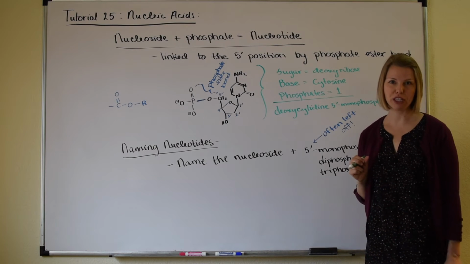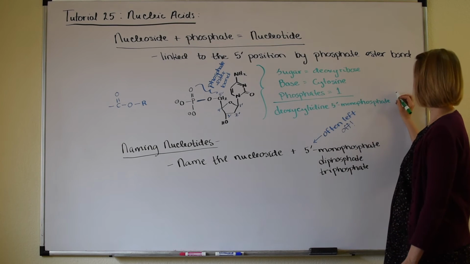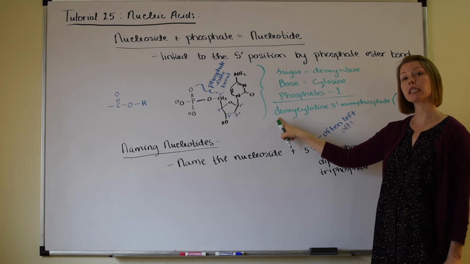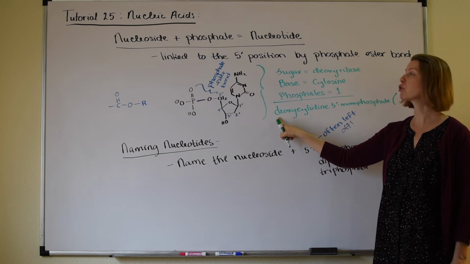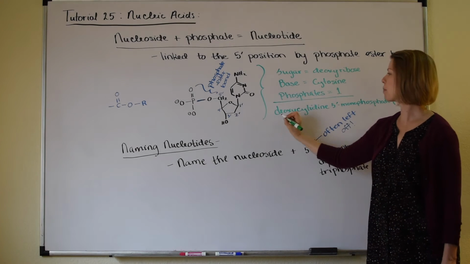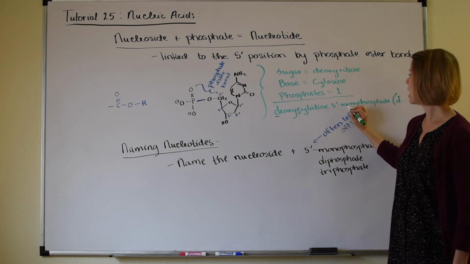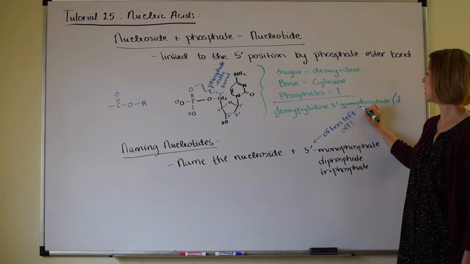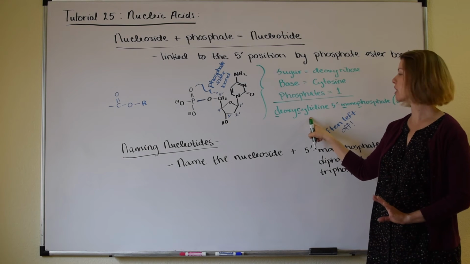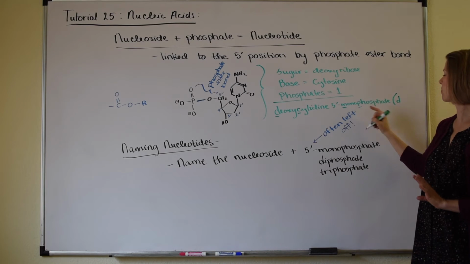So biochemists will abbreviate these names. So for the abbreviation, I'm going to write it here. We're going to have a lowercase d to specify the deoxyribose sugar. So lowercase d in the front, and then a capital, let me underline these, capital C, M P to tell you the identity of the base in the nucleotide and to tell you that there's just 1 phosphate.